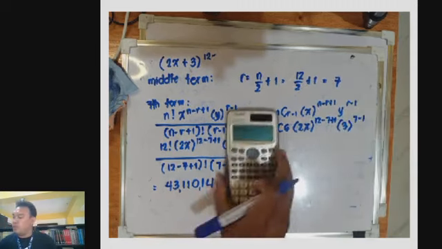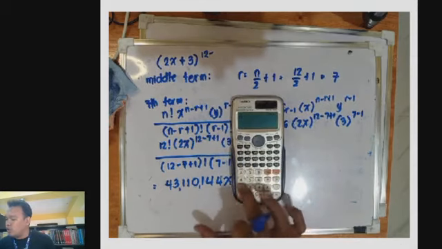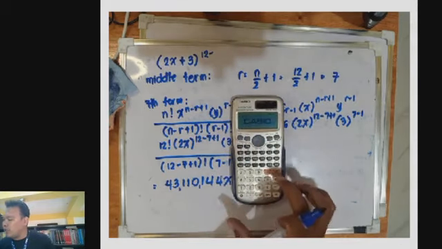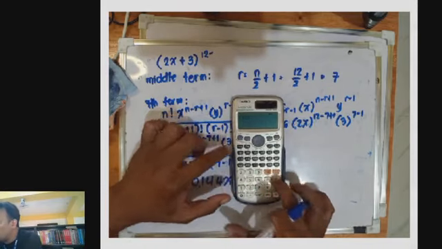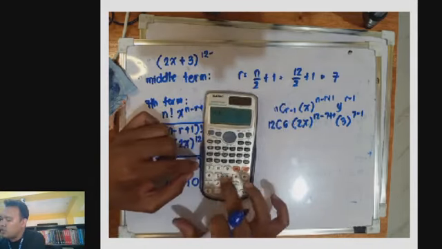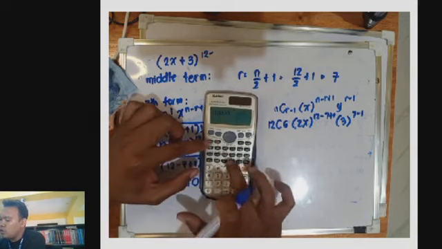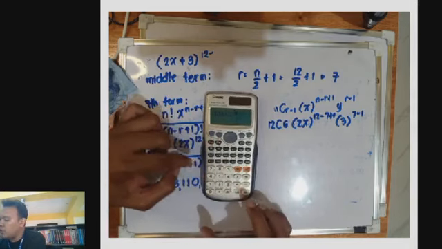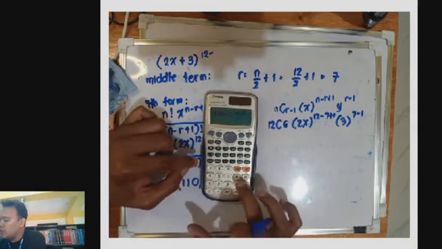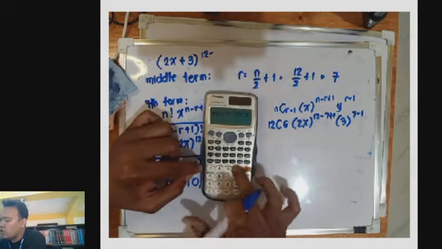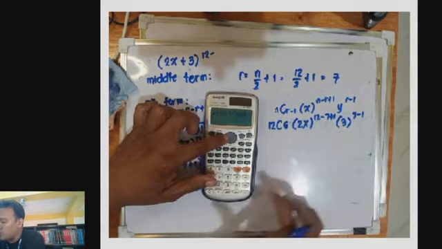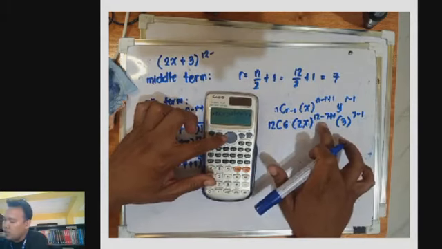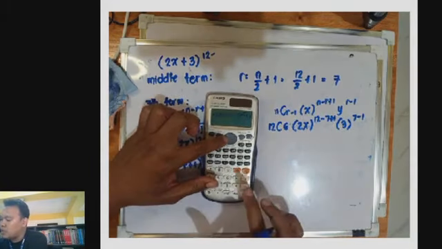Pag nilagay sa calculator, 12 combination of 6 times 2 raised to 12 minus 7 plus 1 times 3 raised to 6. 7 minus 1 is 6. Tapos, 12 minus 7 is 5 plus 1 is 6 din.